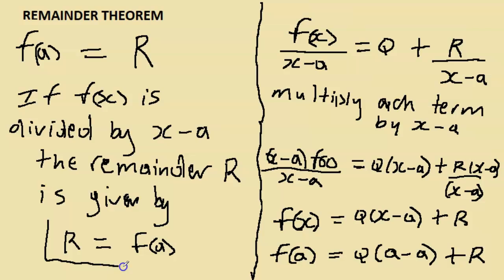Alright, that's pretty much what the remainder theorem says, right? So once you divide a function by x minus a, the remainder is given by f of a.